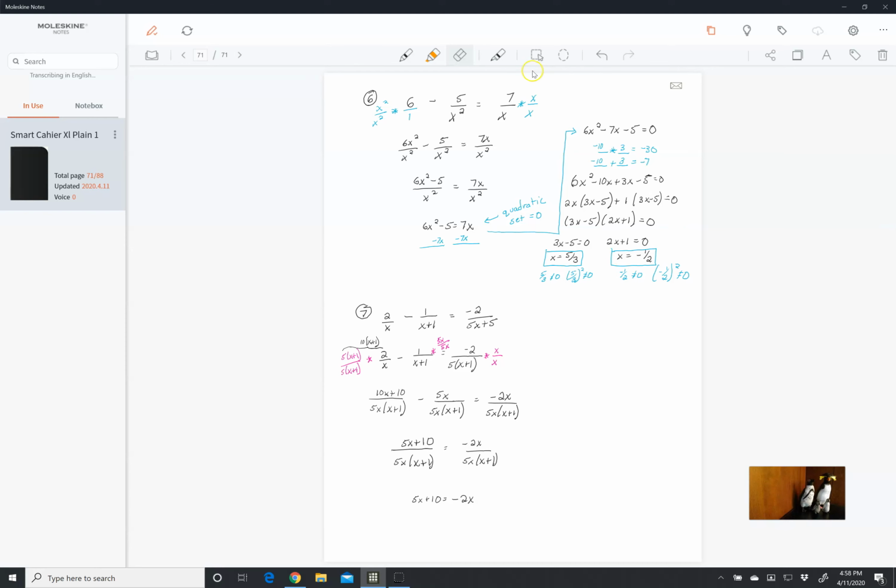This is a linear equation. We always prefer linear equations because we don't have to worry about factoring. We can subtract 5x from both sides, which gives us 10 equals negative 7x. And I'm just going to move this up here just for space. Divide both sides by negative 7.